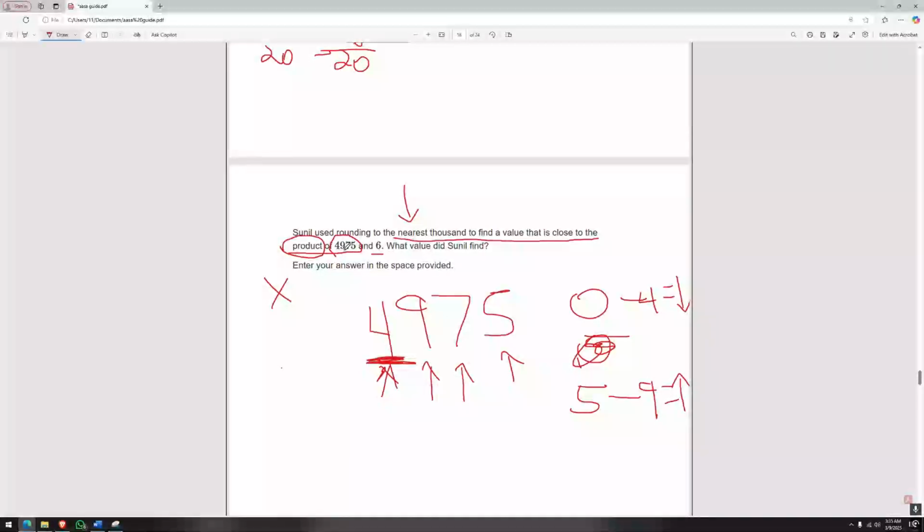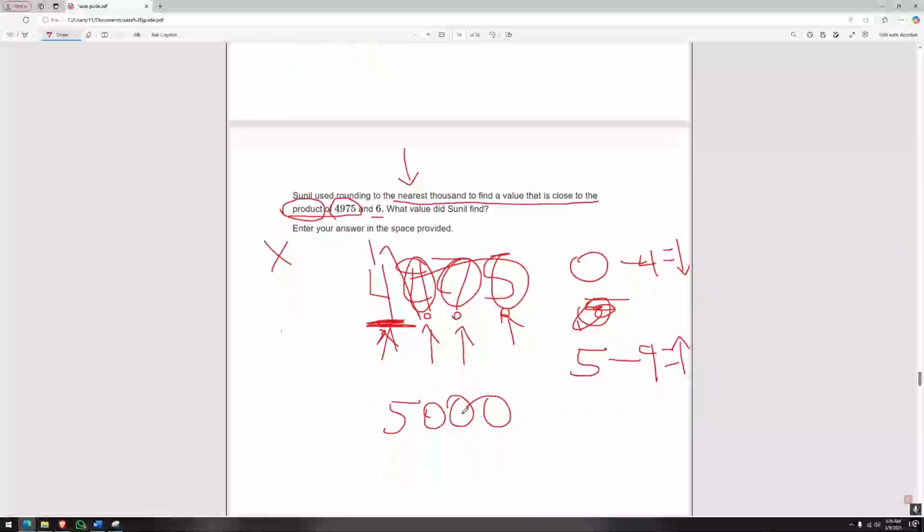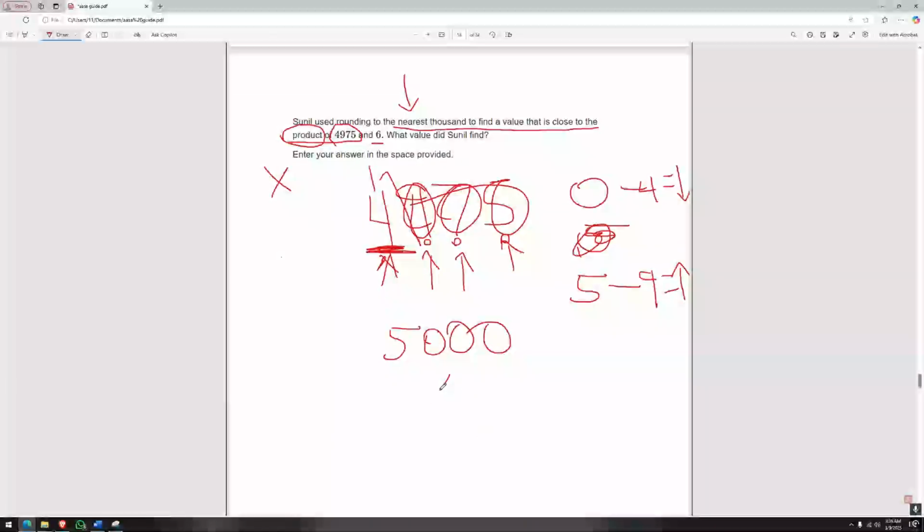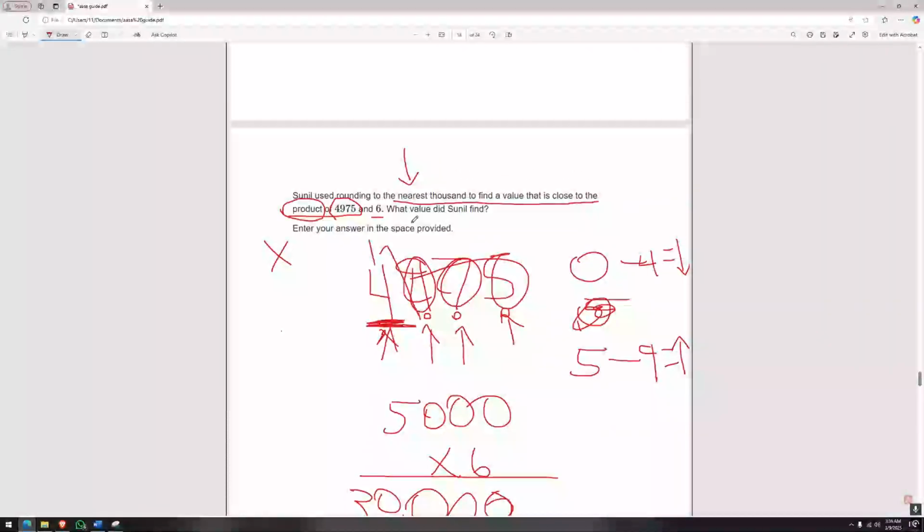This one turning into 1,000, and this one se va acá arriba. This one turns into 0, 0, 0. This is 1, so 5,000. Now you have to multiply 5,000 by 6. 6 times 5 is 30, so 30,000. That's it. Nos pidió hacer dos pasos, redondear y multiplicar.